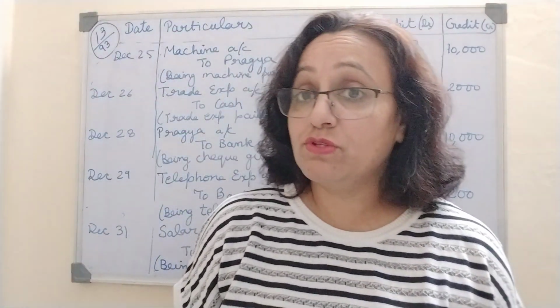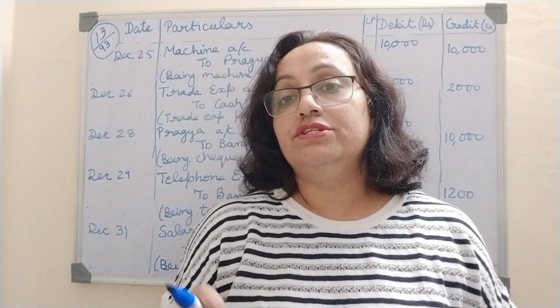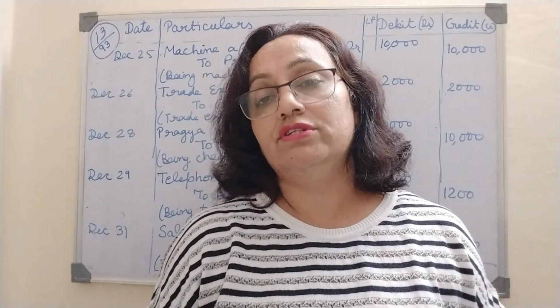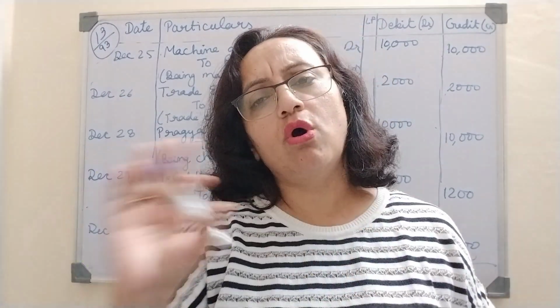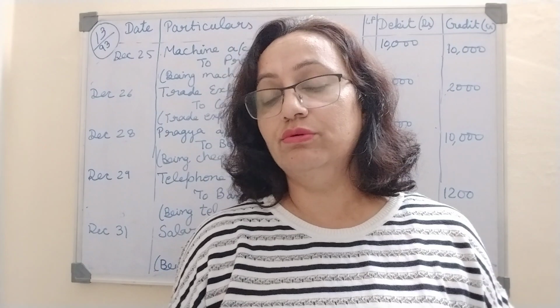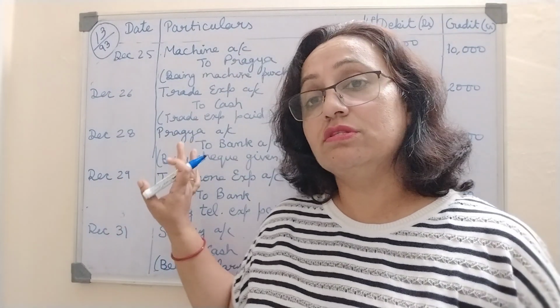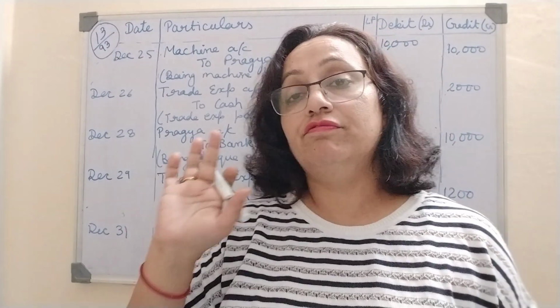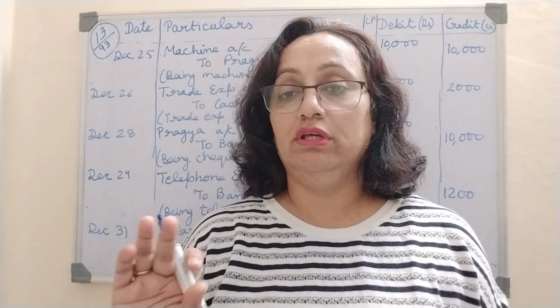I hope the concepts of accounts are easier for you now. I want you to gain the perfection in whatever we are doing. Accounting equation, we have done lots of questions. All the questions which are given in the book, I have solved each question for you, trying to make it as simple as possible. These questions are very easy if once you learn in mind what is the process we are following.